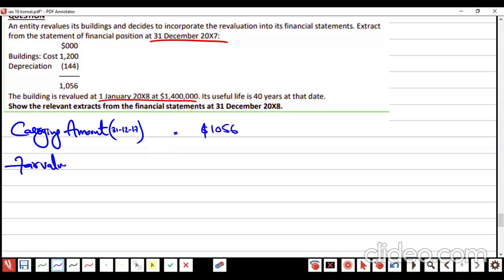Fair value means market value. In IAS 16, we will write it as revalued amount. 1400, right? Okay, no problem.